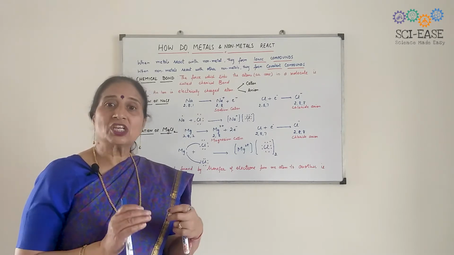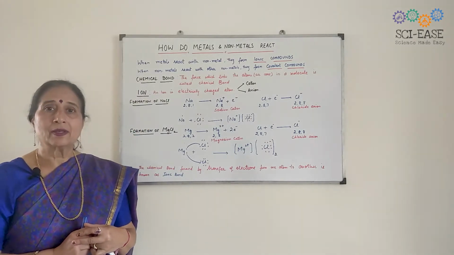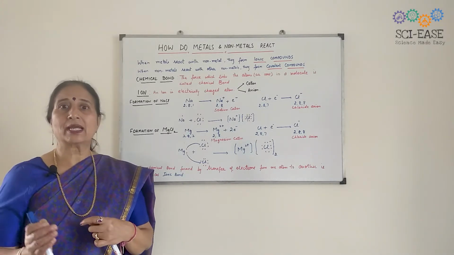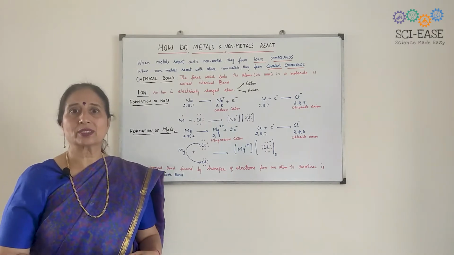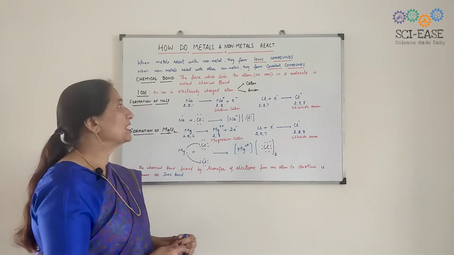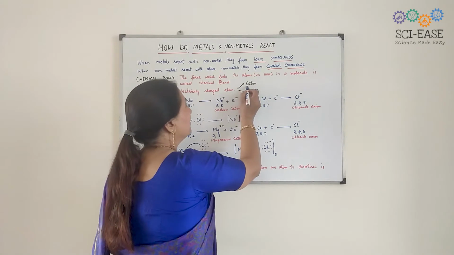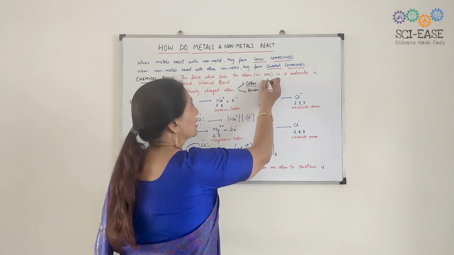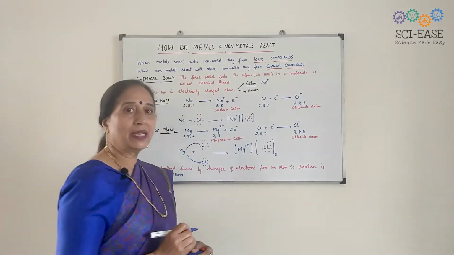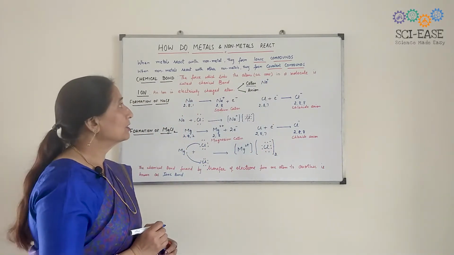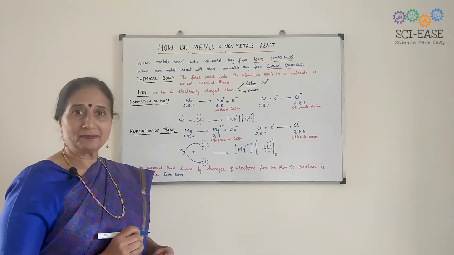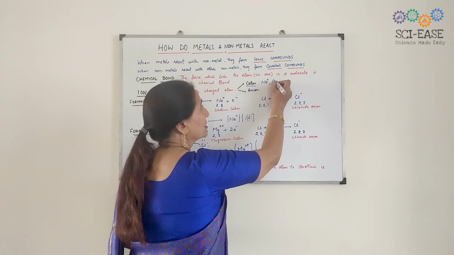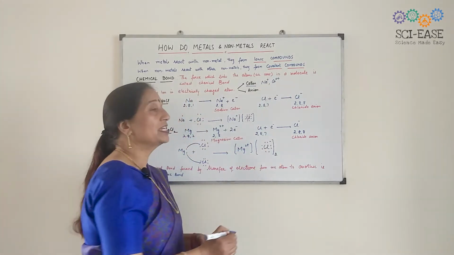The positively charged ions, which are formed by losing the outermost electrons or the valence electrons, result in the formation of a cation. Like sodium, it will lose its loosely held one electron and result in the formation of Na+. Calcium will lose its 2 electrons and result in the formation of Ca2+.